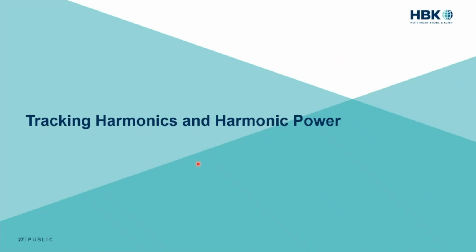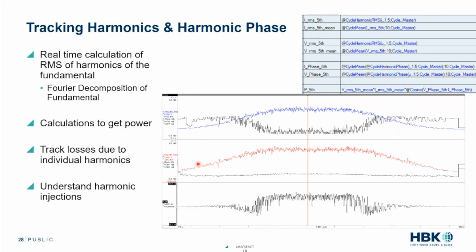And I think this is my last slide, but this is my favorite. One of the cool things we can do as well, we take that cycle-based information, we use that frequency, and then we can calculate what is the RMS of our fifth harmonic current. What is the RMS of our fifth harmonic voltage?